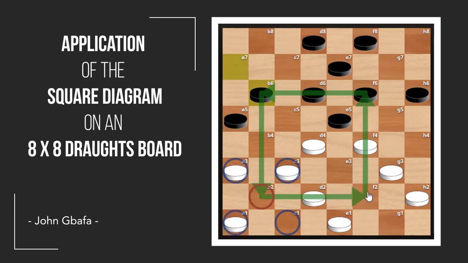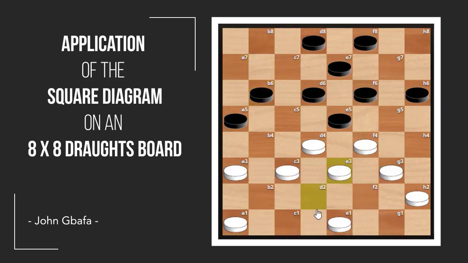And then that of F2, we have E3, G3, G1, E1. E3 is not occupied, so we can take E3. We can move our piece from D2 to E3, taking the key square E3. I move to E3, and then he exchanged the move, and then I move to D4.